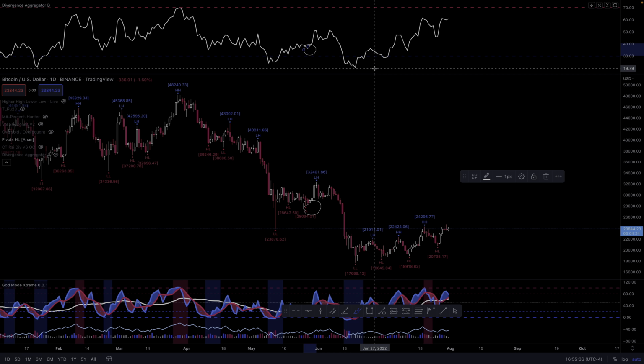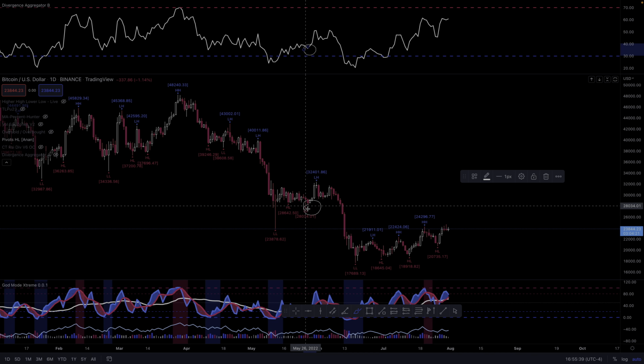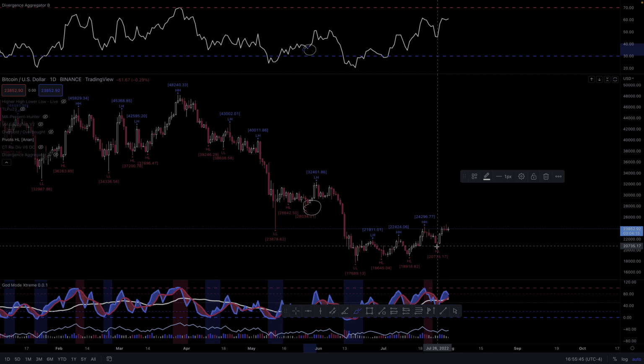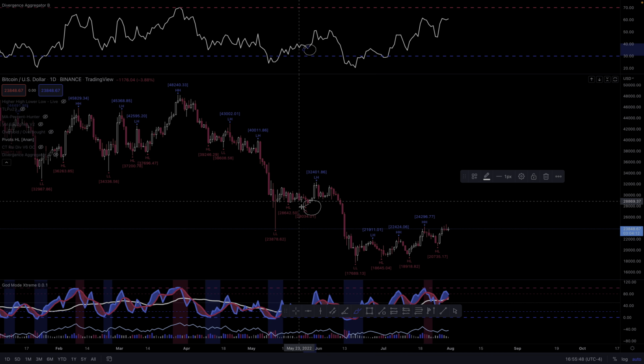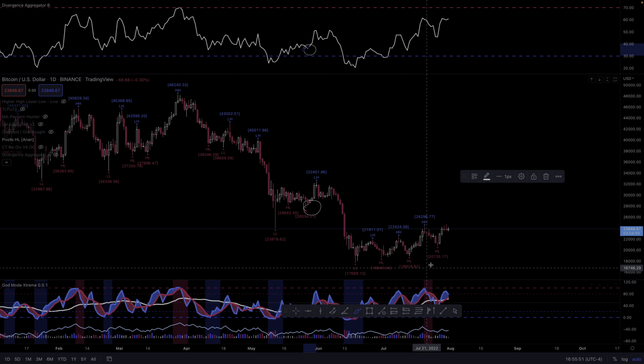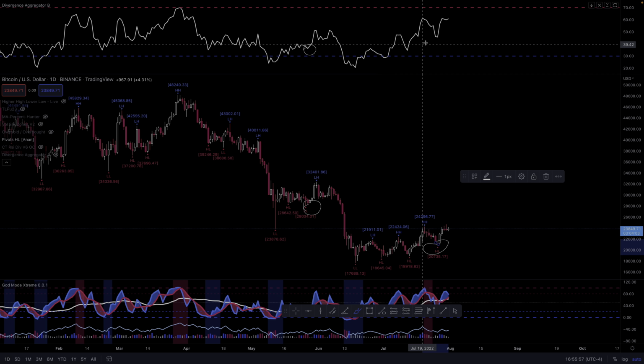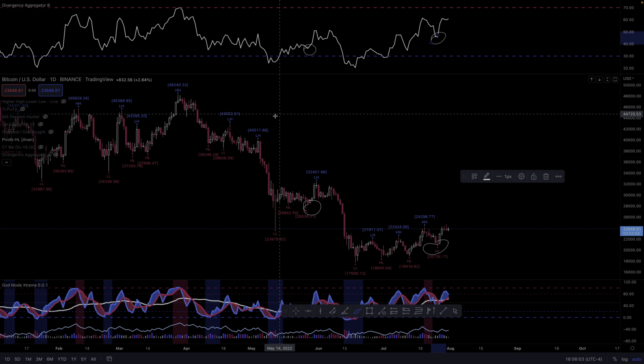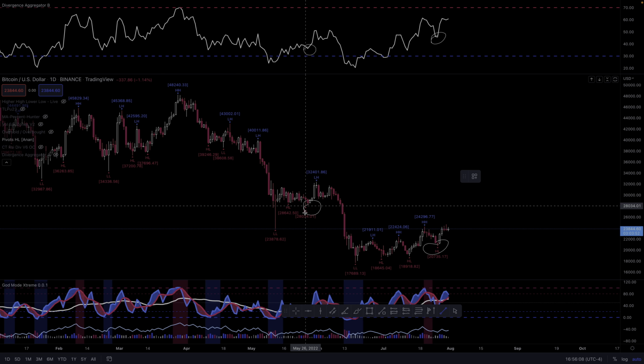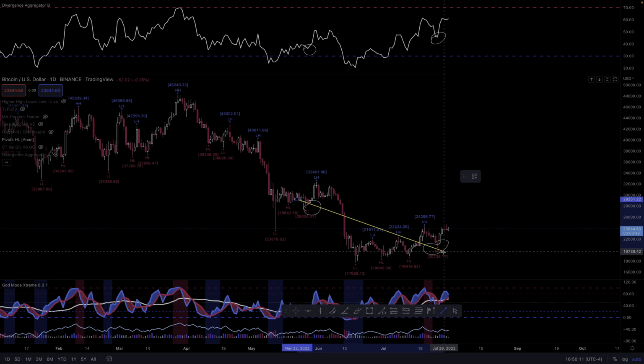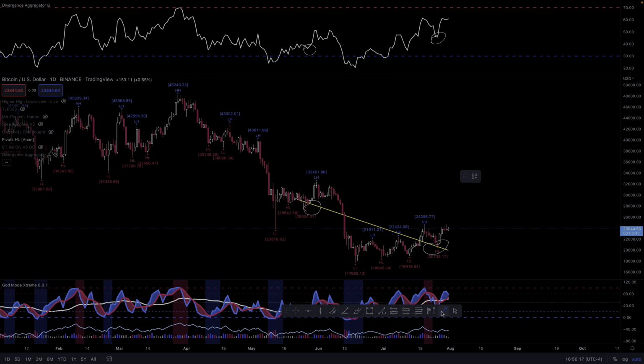It was previously, but concerning this divergence, we have a low here, and then we have a lower low here. You see? Lower low on price, from here to here. But we have a higher high on the RSI.